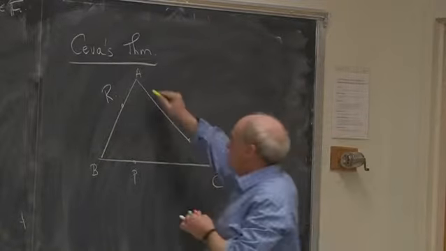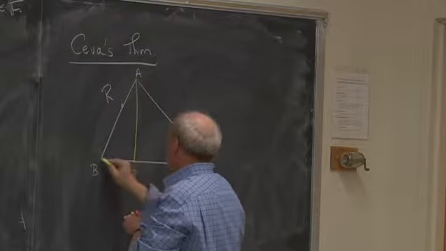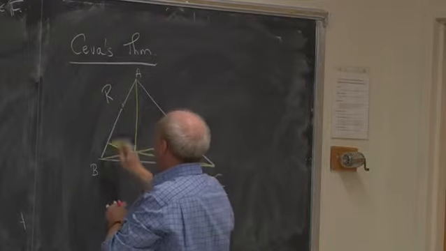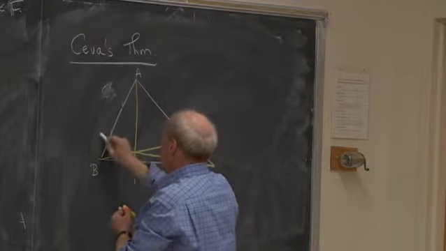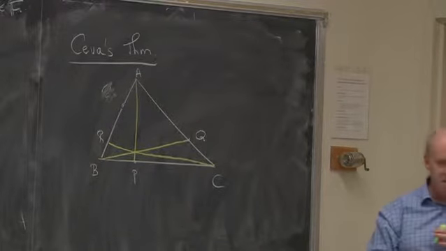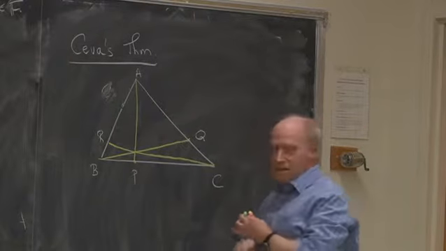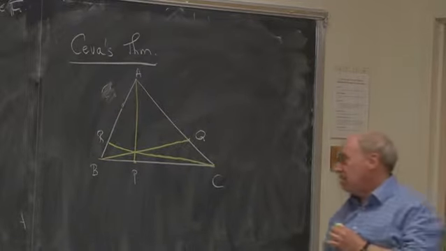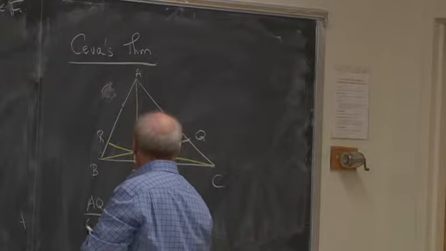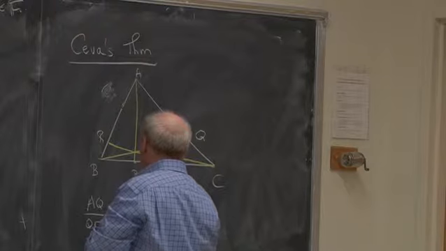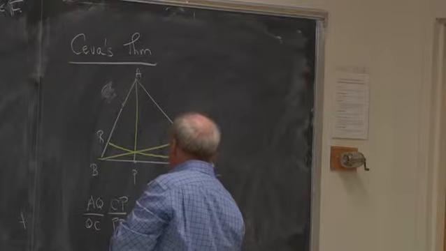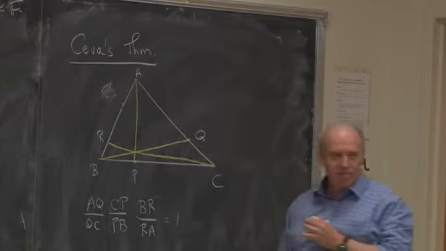And supposing I draw these lines from the opposite vertex to those points. So the theorem is that those 3 lines, which are called Cevians, are coincident. They intersect in one point if and only if the following is true: that if I take AQ divided by QC times CP divided by PB times BR divided by RA, that that's 1.